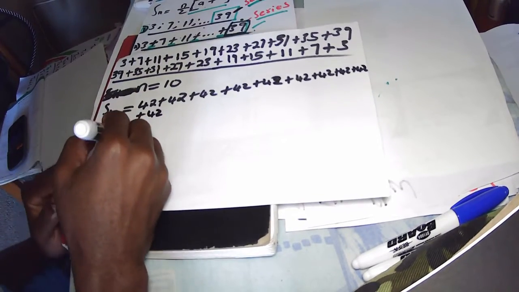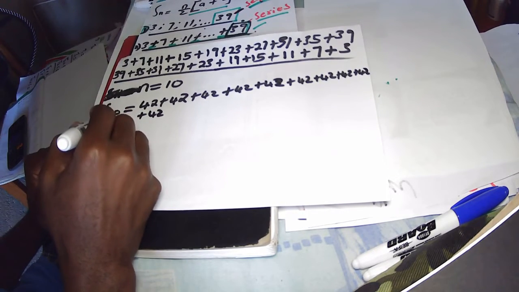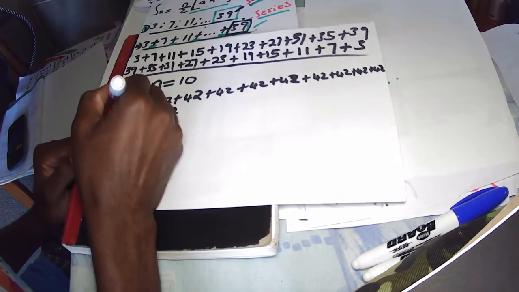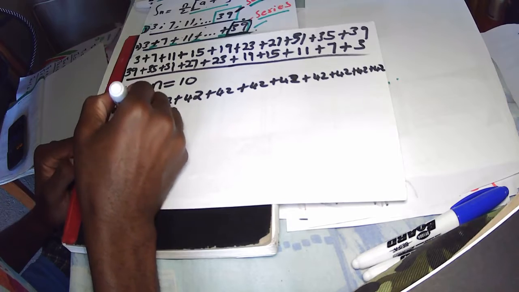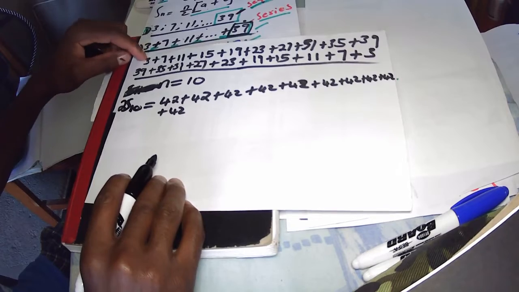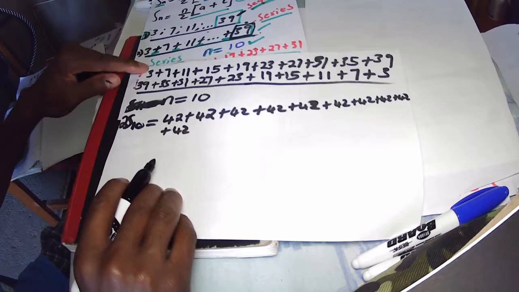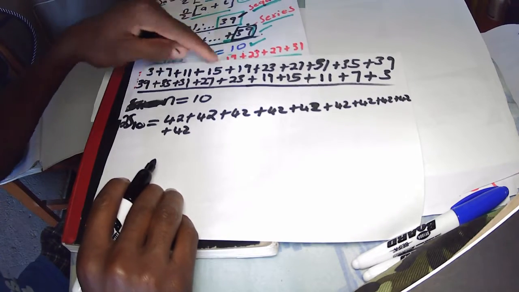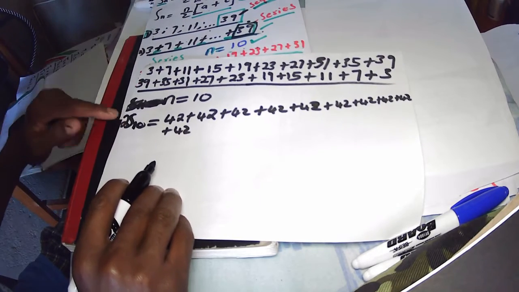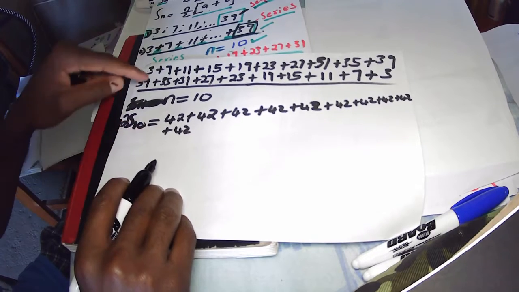So what does that mean? Let me show you something. We're supposed to write down 2 S10, because this is S10 plus S10: the sum of the 10 terms of the series and the sum of the 10 terms of the series.